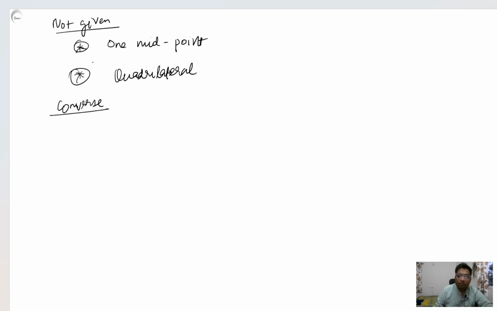Now in the converse of midpoint theorem, what is not given in the midpoint theorem will come as given in the converse. Let's try and understand. This is more interesting. So we have a triangle ABC. I have D and E. But in the converse of midpoint theorem, it's very important to understand what is given.